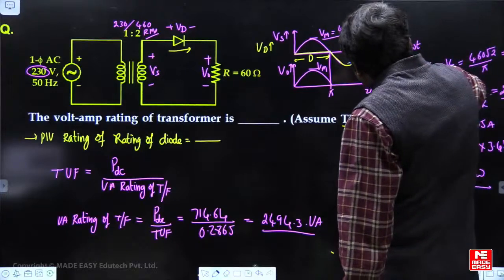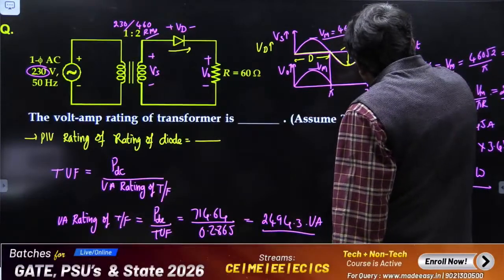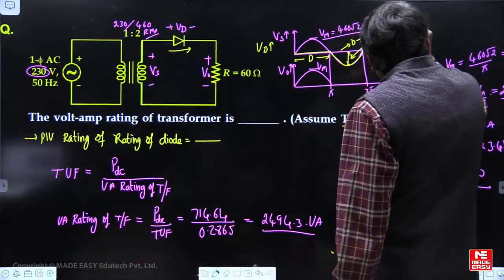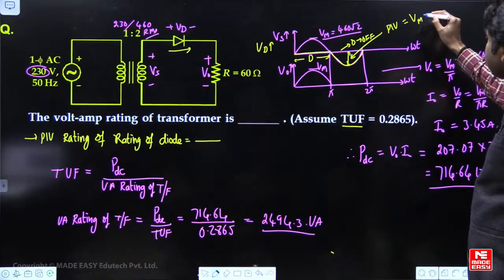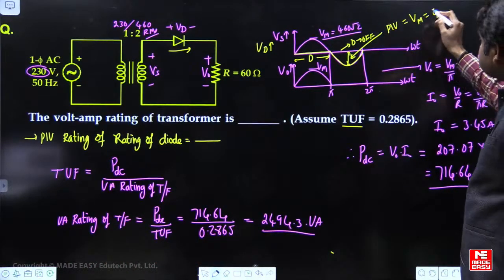Now what is the PIV of the diode? PIV means the maximum negative voltage across the diode. It is the peak voltage of the AC supply, that is 460 root 2.